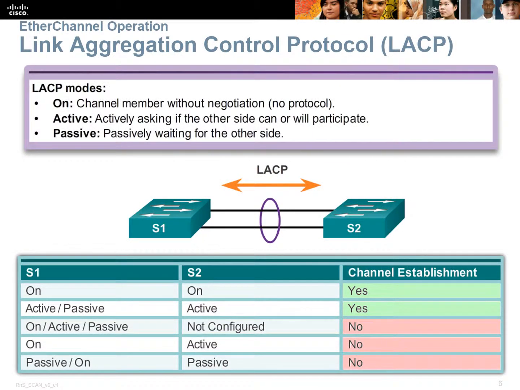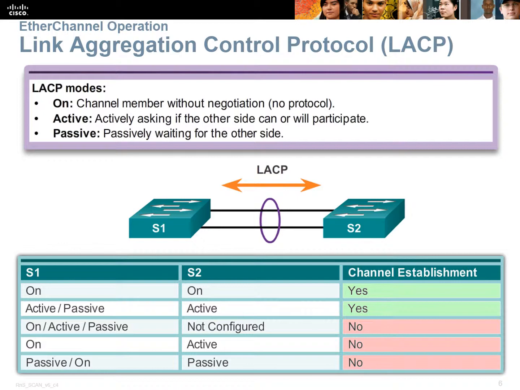Link Aggregation Control Protocol, LACP, is the open standard. So if you've got a Cisco device and a non-Cisco device, or a VM server, or some sort of Linux box, or adapter teaming on a Windows box, you'd want to use LACP instead of PAgP. On is on, same as before, but instead of auto and desirable, now we have active and passive.